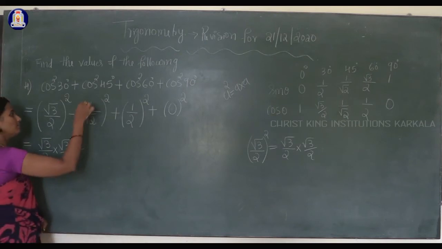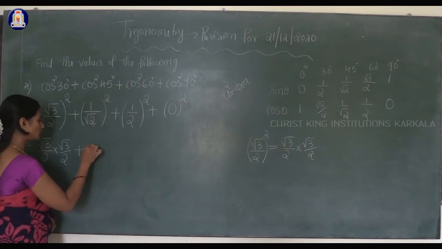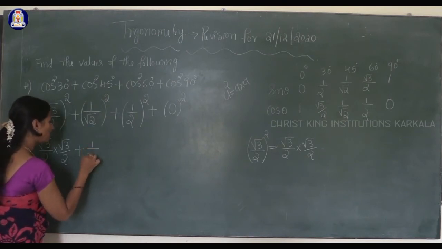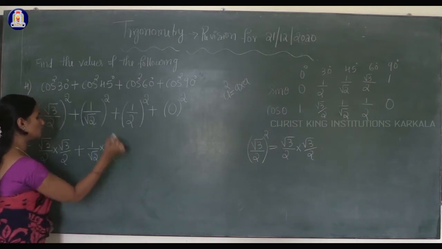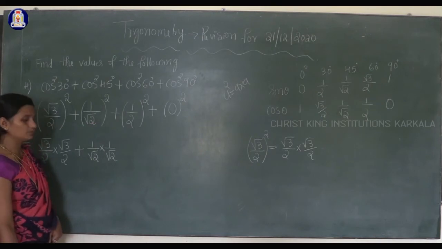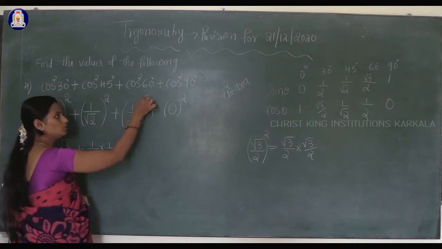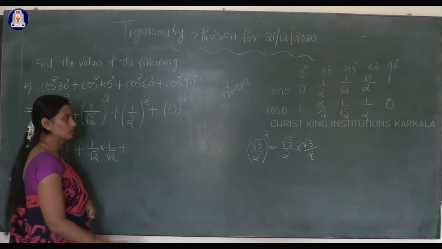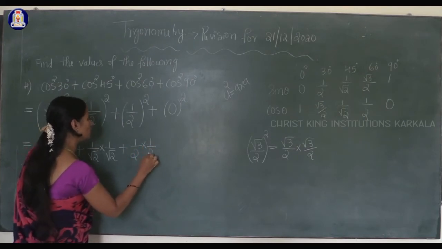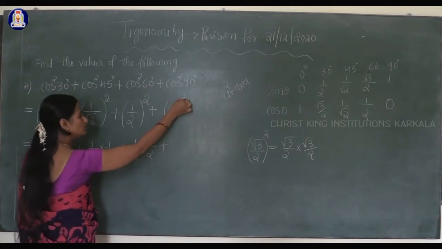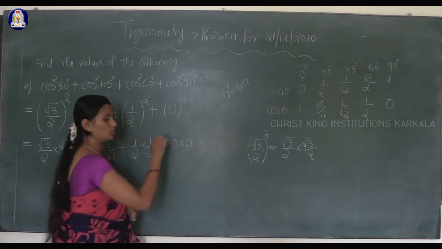Okay. So 1 by root 2 whole square can be written as 1 by root 2 into 1 by root 2, plus 1 by 2 whole square, which can be written as 1 by 2 into 1 by 2, plus 0 square, which can be written as 0 into 0.